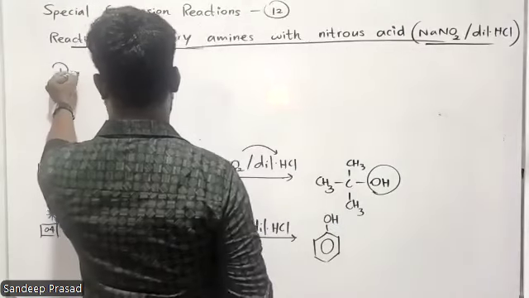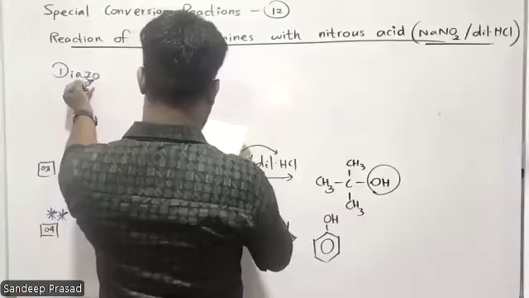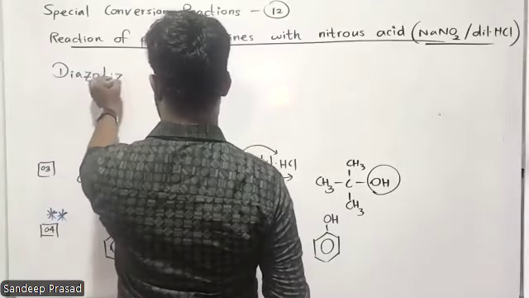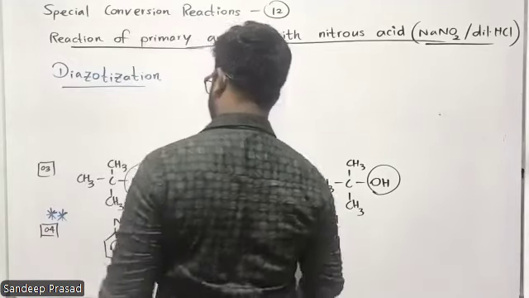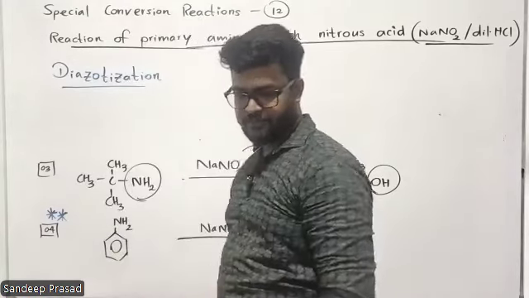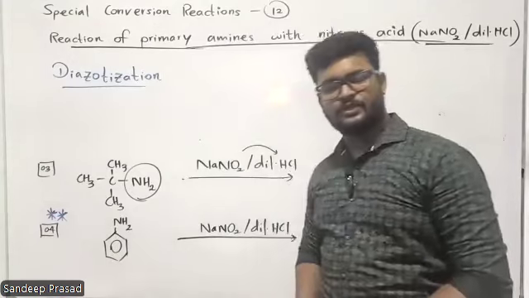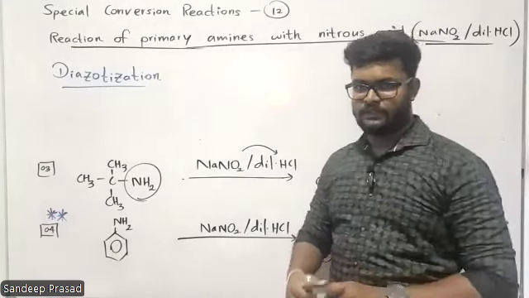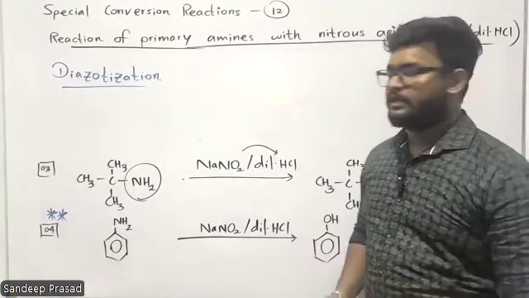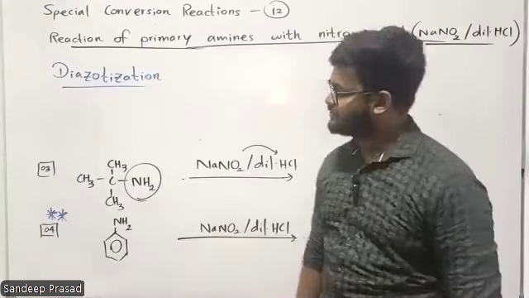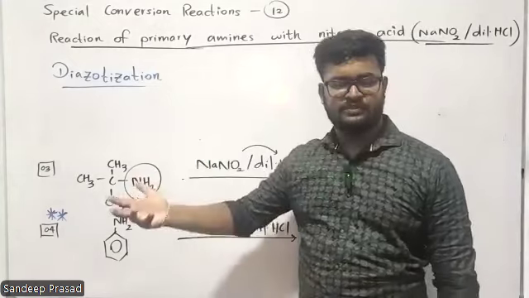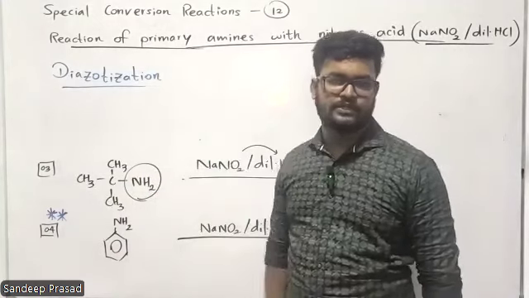This is known as diazotization. Maybe the name is not familiar to you, but the compound diazonium salt, you have heard of it, right? Diazotization means the process of producing diazoniums.